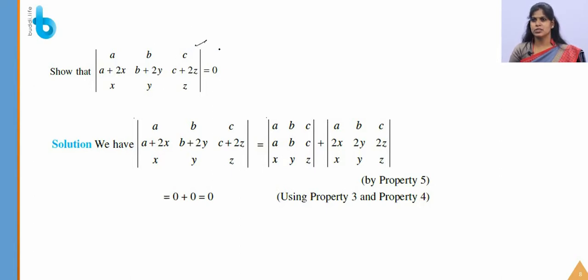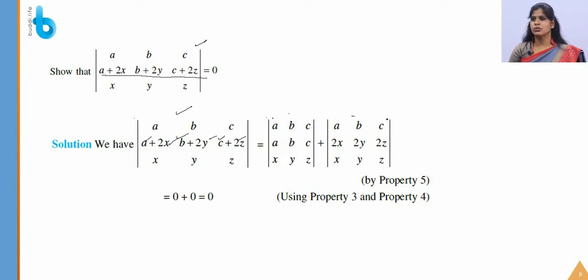See, in this determinant, in the second row, each element is a sum of 2 values. So with the first value I can write a determinant, and with the second value I can write another determinant. So this same determinant I expressed as sum of 2 determinants.